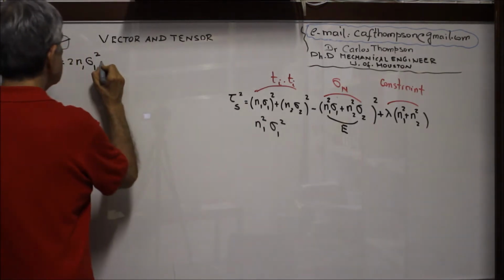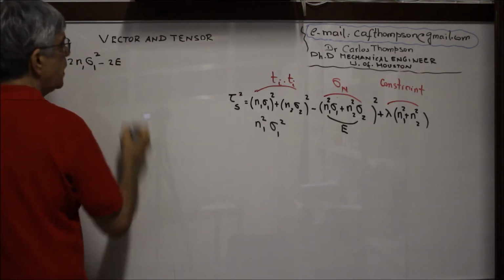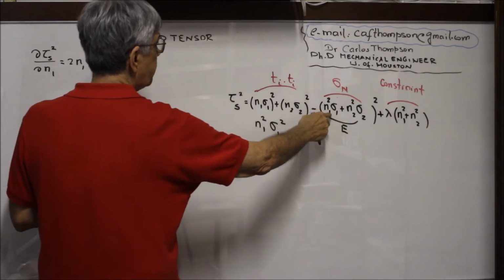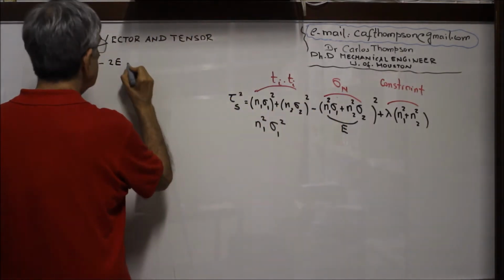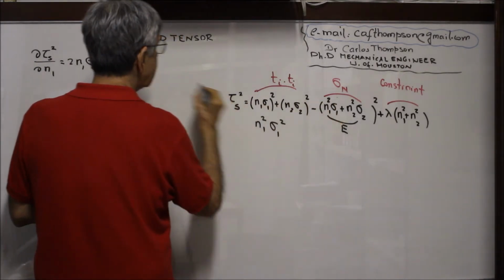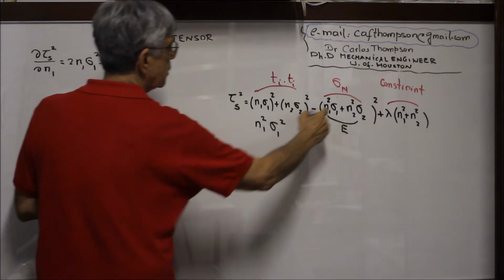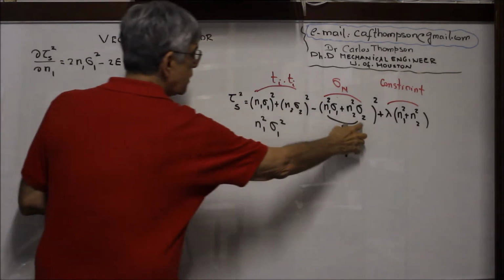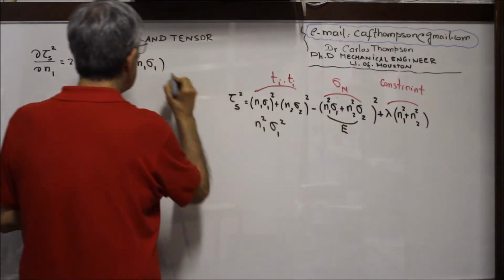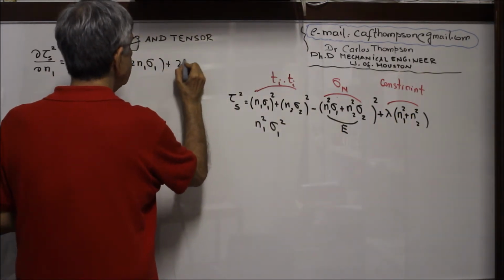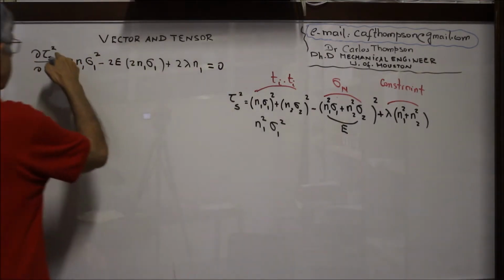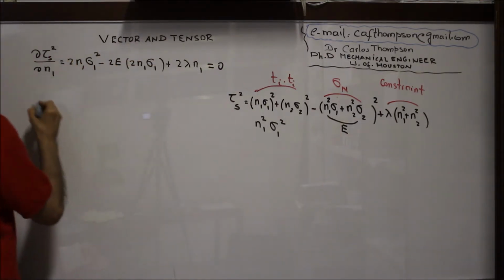This will be minus 2e, and the derivative inside with respect to n1 will be 2 n1 sigma 1. Sigma 1 is constant, this is 0, so this is enough. Now lambda n1 squared gives plus 2 lambda n1. So the partial derivative of this function will be 0.